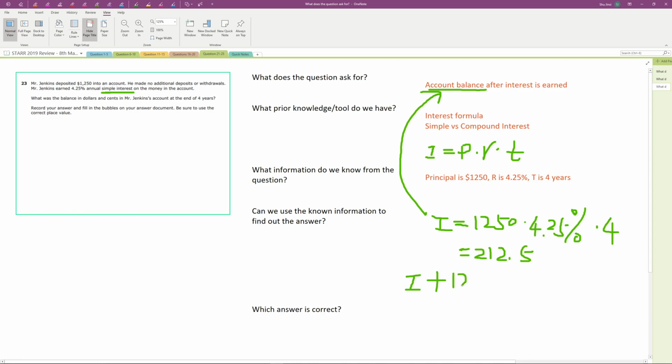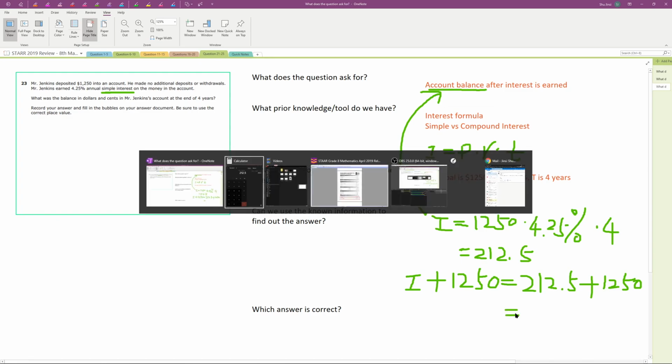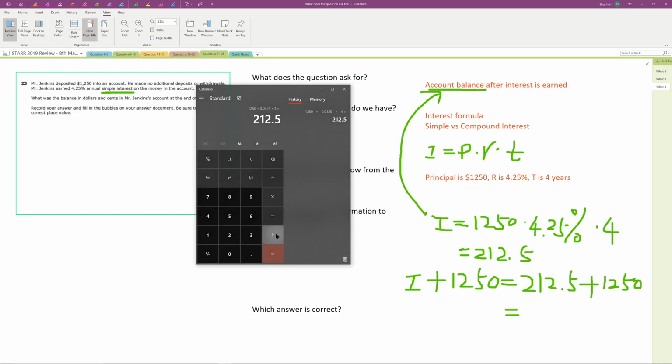It should be the sum of the interest and the 1,250 deposit. 212.50 plus 1250 is going to be 1462.50.